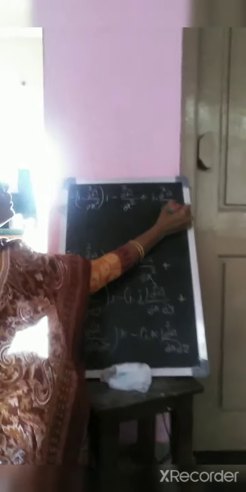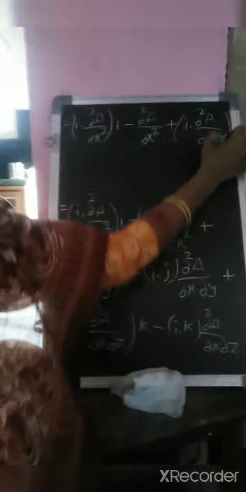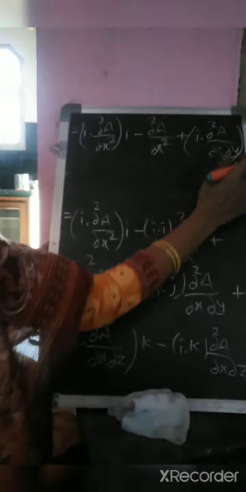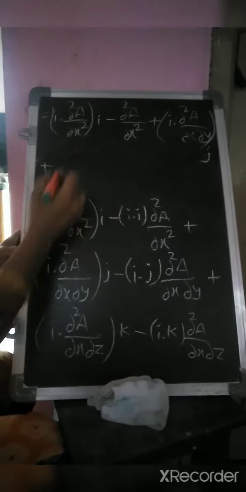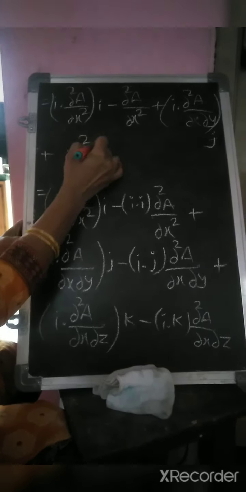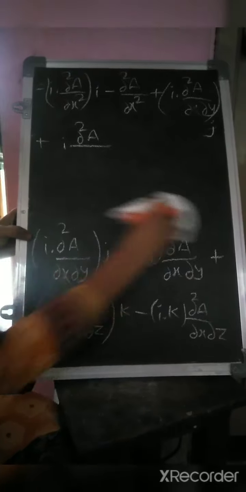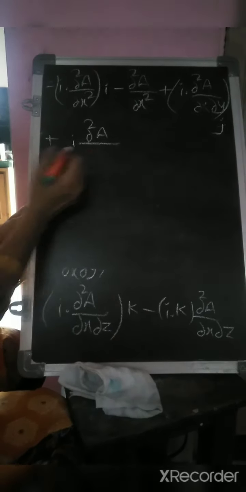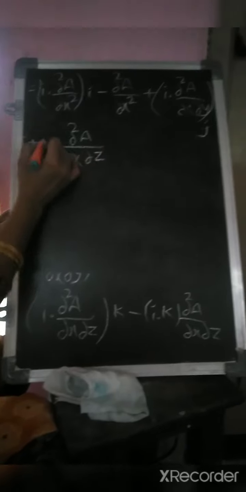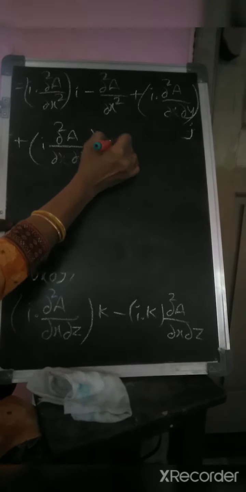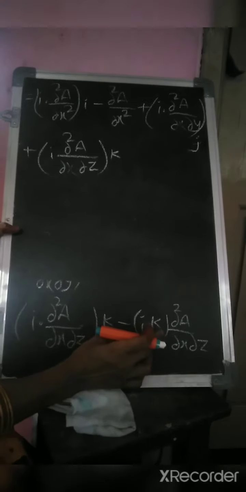So that is equal to i dot ∂²A/∂x² into i minus, here i dot i is 1, so simply we can write as ∂²A/∂x², plus i dot ∂²A/∂x∂y into j minus, here i dot j is 0.